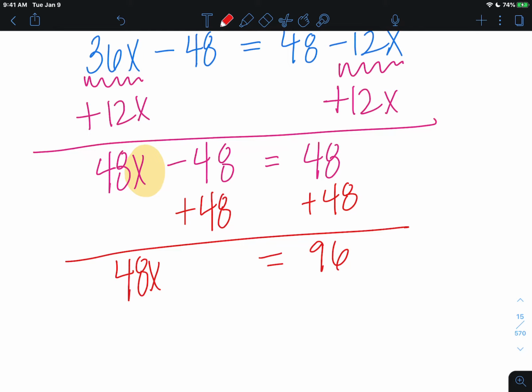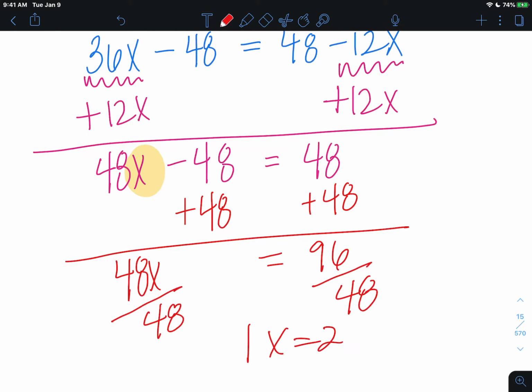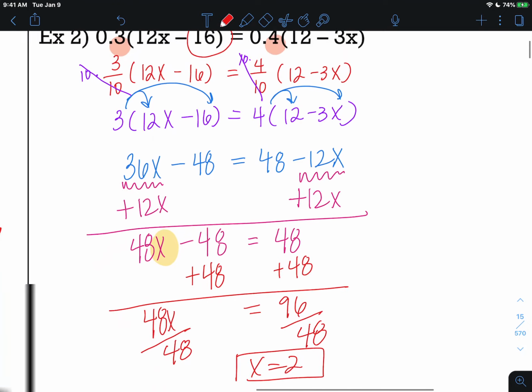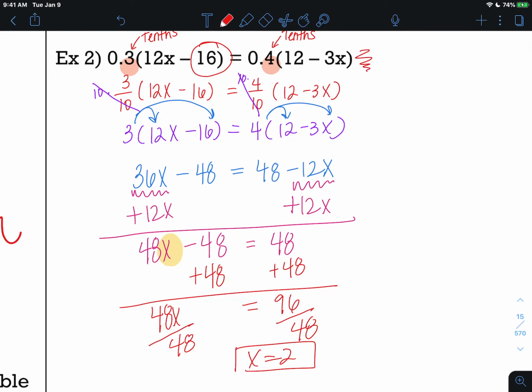And then I'm going to go ahead and divide by my coefficient, whatever is attached to my x. And I find out that my solution is x equals 2. So keep in mind, they give us all that just to get down here.